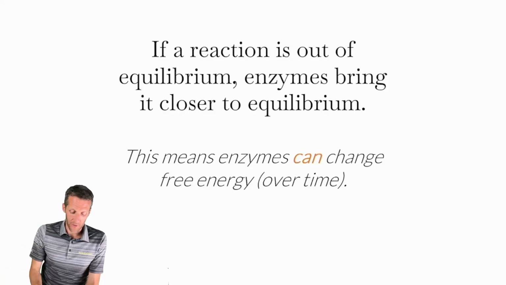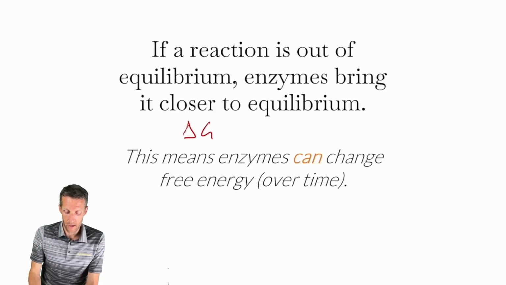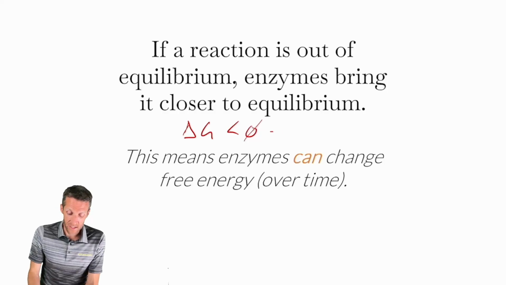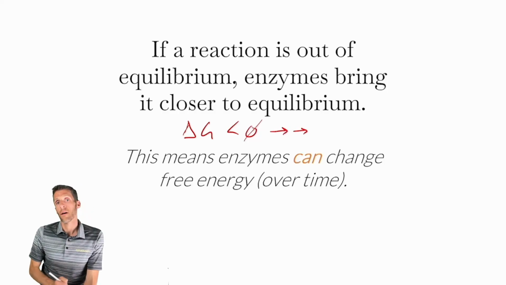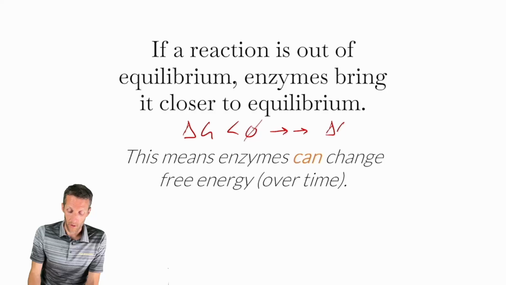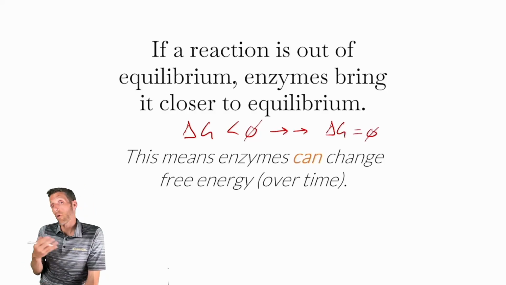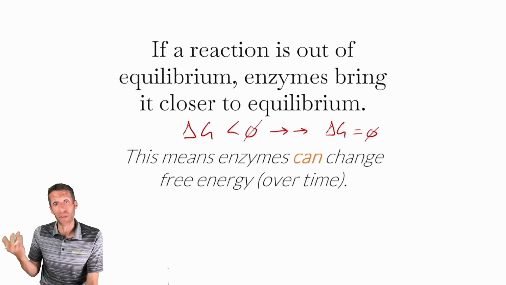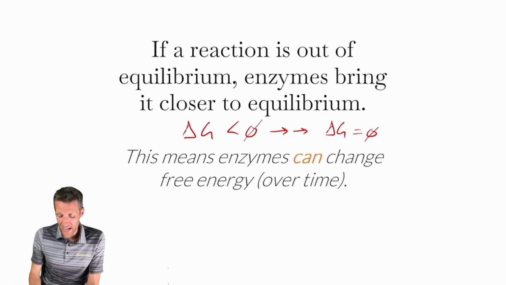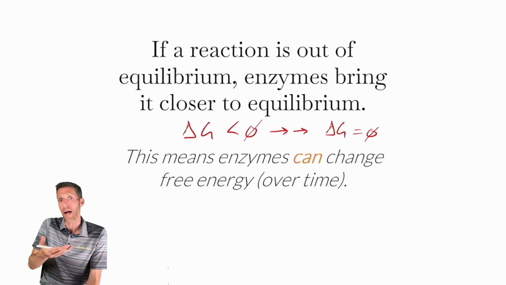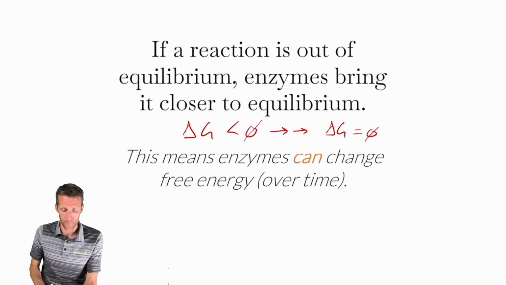So if our delta G starts out less than 0, and then we add an enzyme, the delta G is going to go to 0. And if that rate would have been so slow that we wouldn't have seen it without the enzyme, then really the enzyme is actually causing a change, at least in the observed free energy. It's causing the reaction to equilibrate more quickly.